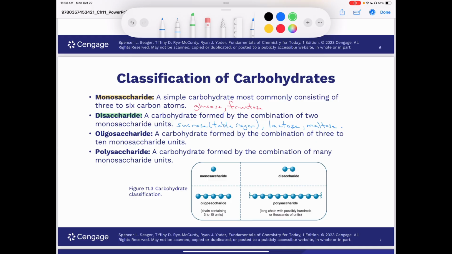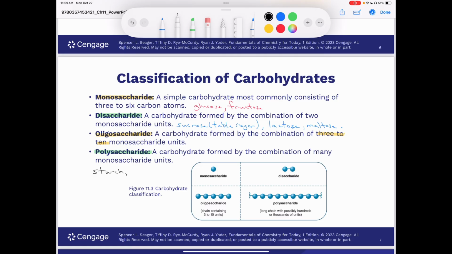Anyhow, oligosaccharides aren't going to come up all that much, but basically, when you have 3 to 10 monosaccharides linked together, you get an oligosaccharide. And then polysaccharides is when you have many monosaccharides linked together, a carbohydrate formed by the combination of many monosaccharides. Some common polysaccharides that you would know are things like starch.